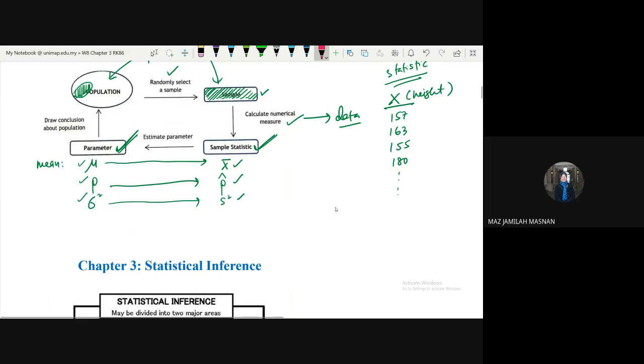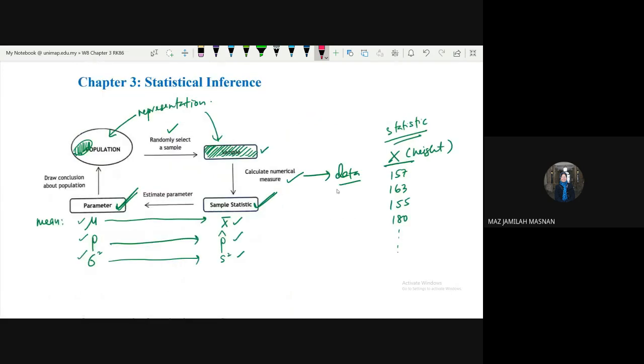when I said this just now, remember, we don't have the population data. We only collect the sample. We measure the things that we need to investigate, and we have all the measurements. What happens is we are using the sample statistic to make a decision for the parameter of our population.